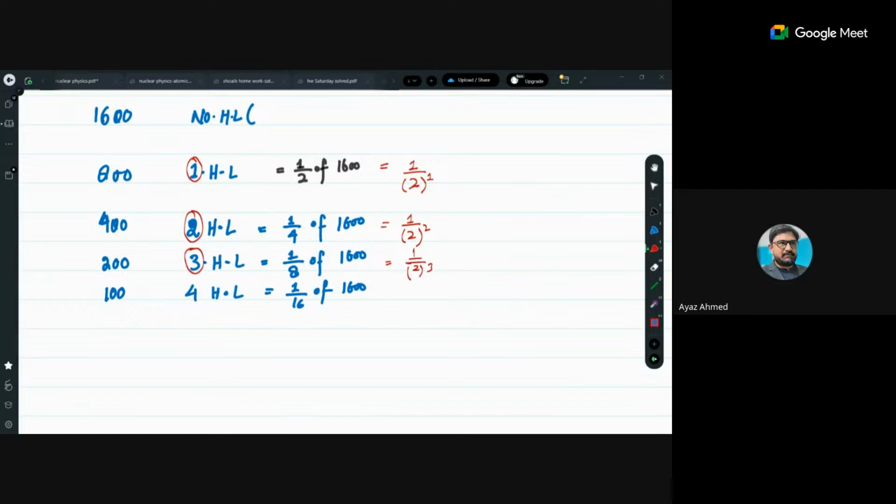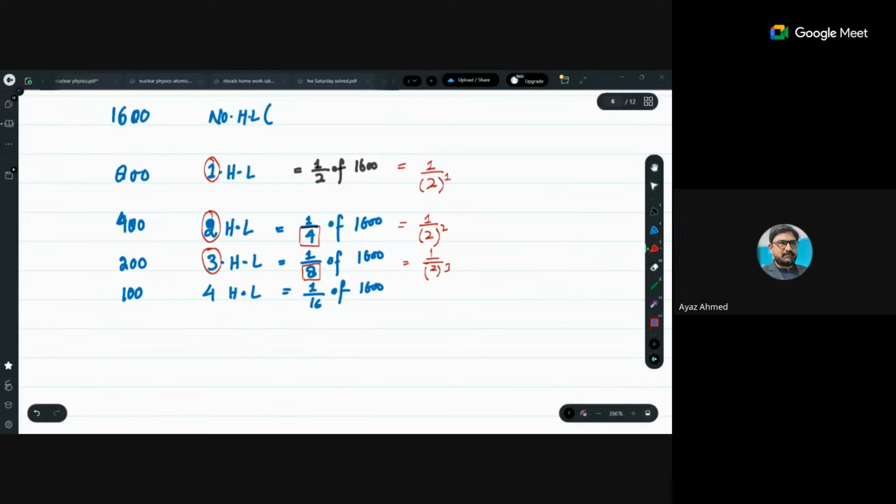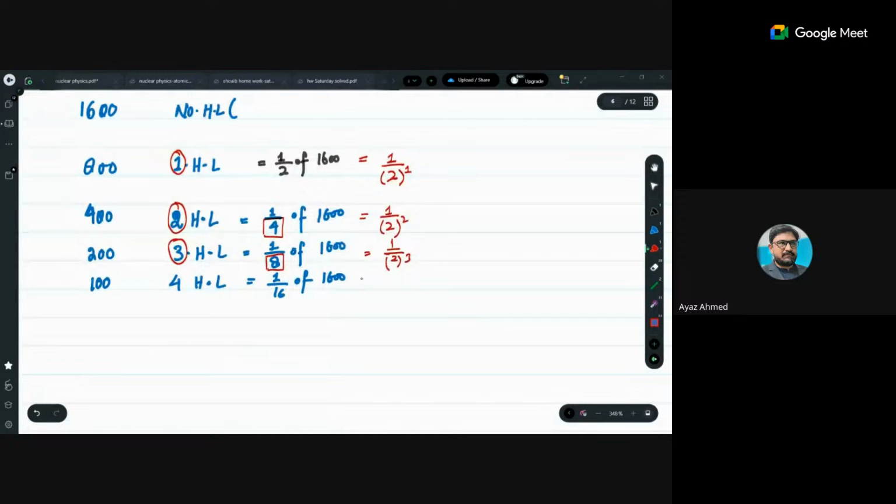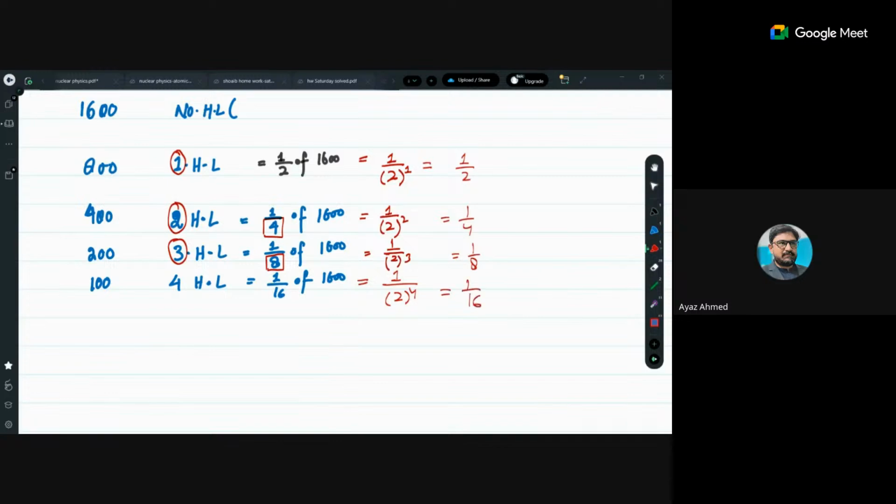So, do you agree that 1 by 4 is 1 upon 2 power 2, 1 by 8 is 1 divided by 2 power 3, and this will be 1 divided by 2 power 4, which equals 1 by 16, isn't it? Basically it is 1 by 2, 1 by 4, 1 by 8, 1 by 16. Am I right?